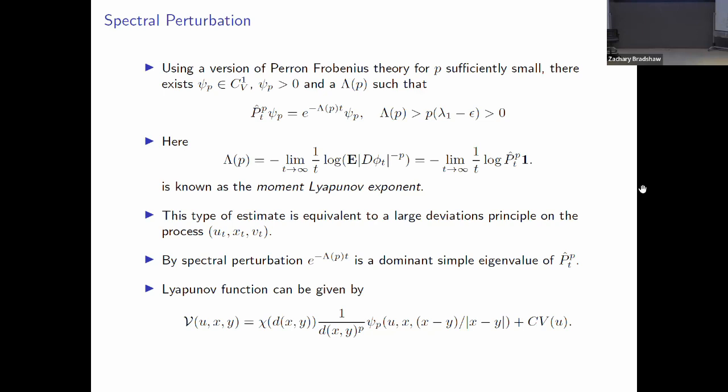And so using this, you can actually show that if I take my Lyapunov function to be something of this form, where this is some smooth cutoff function that says when I get close to the diagonal, I take something that blows up like 1 over |x minus y| to the p times this eigenfunction, plus something that controls the Navier-Stokes piece or the velocity field in general.